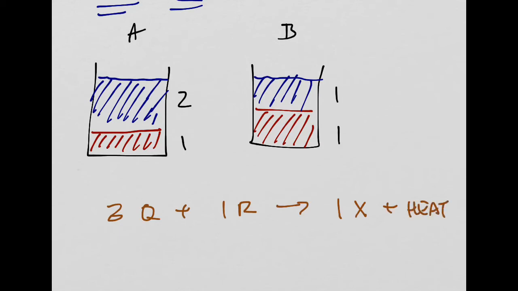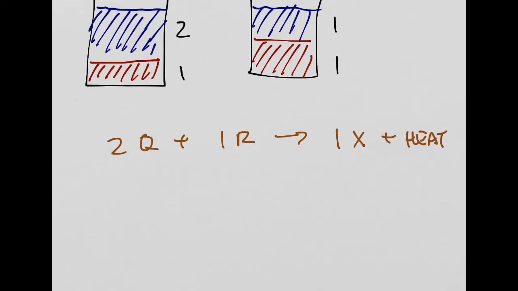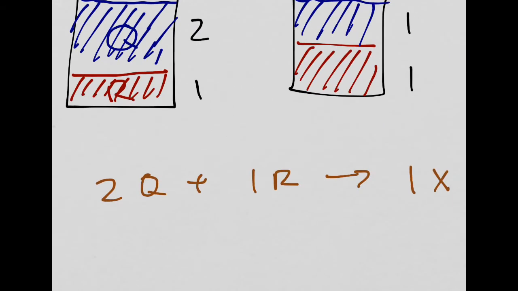Actually, I made a mistake here. Let's not make it 3 parts, let's make it 2 parts. For argument's sake, I decided to make this Q and this R. So Q and R is what made this up.